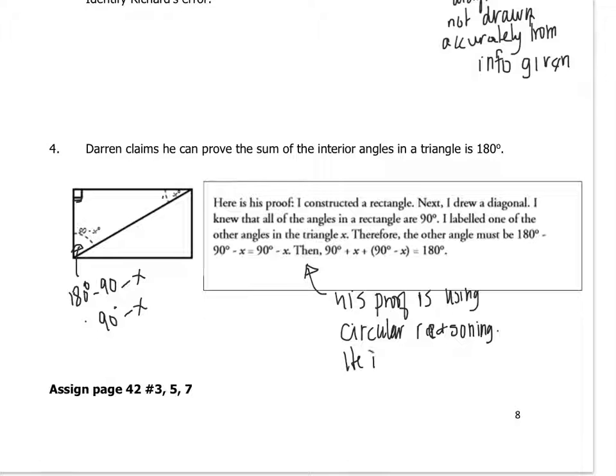He is using what he's trying to prove in his proof. He's trying to prove that, but in proving that, he's using it as if it was already a proven fact. That's what we call circular reasoning. So it's not a valid proof. Again, there are some examples on page 42 that you can try in your textbook to practice these things.